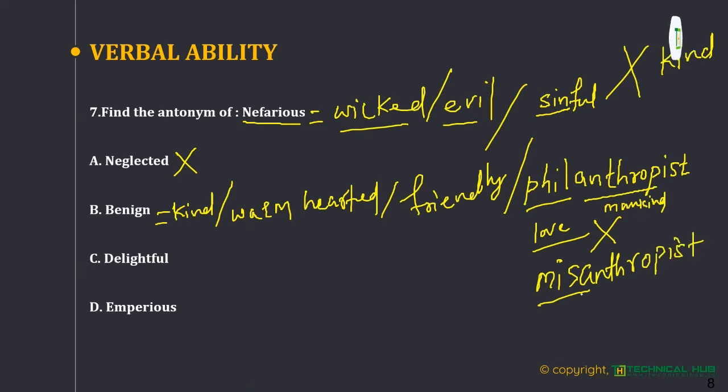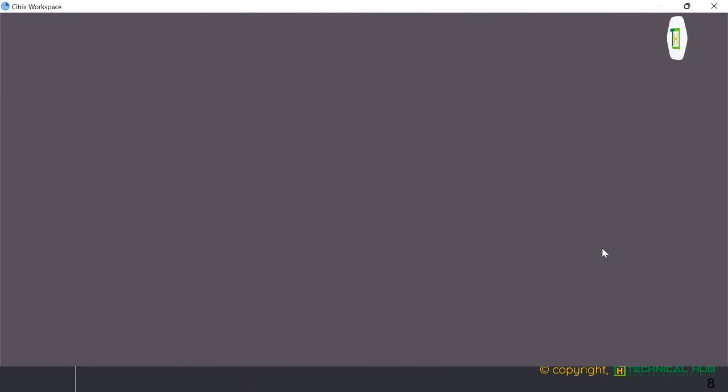Mis means hating something. Like terrorists, Maoists, or people who don't like mankind at all, and keep on killing and troubling others. Such people are called misanthropist.